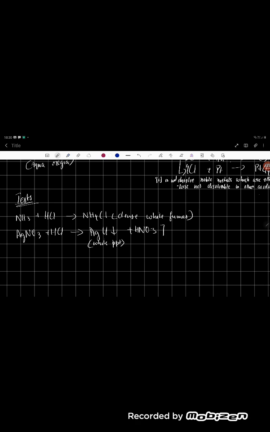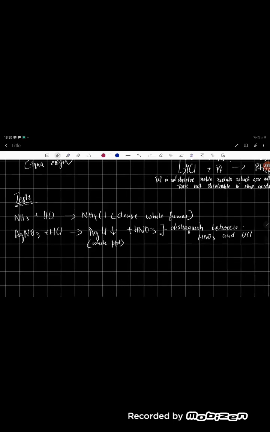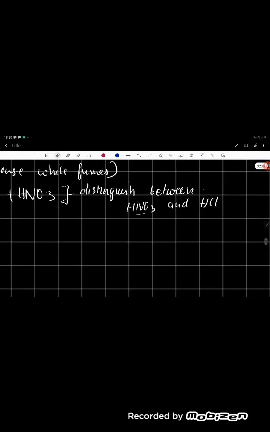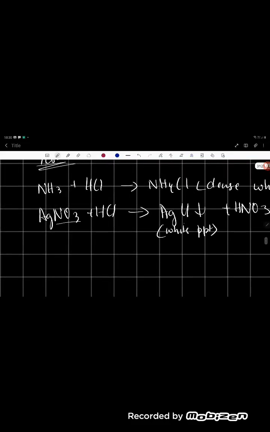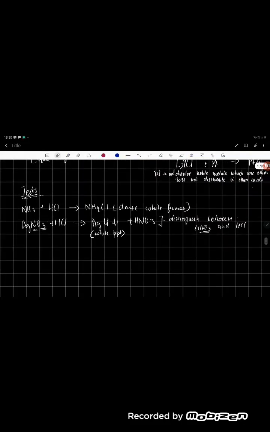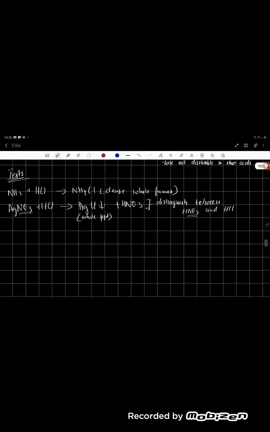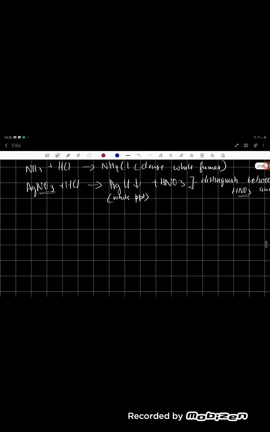Addition of this can also help you distinguish between HNO3 and HCl. Now this is because HNO3 and AgNO3 have the same anion, and so they won't react with each other.